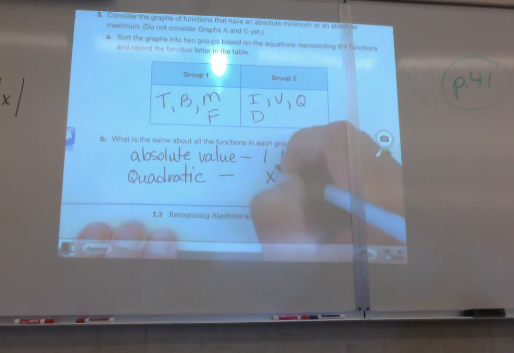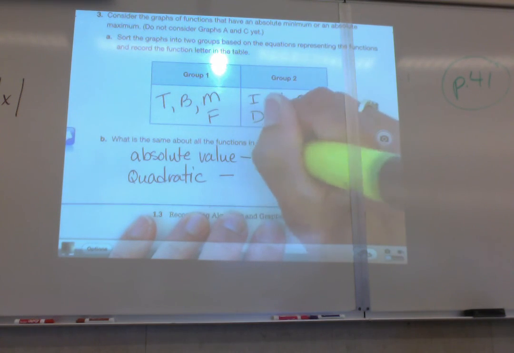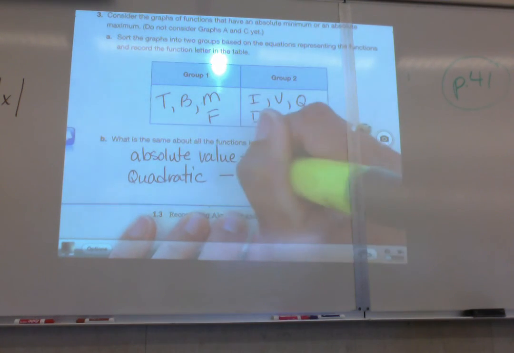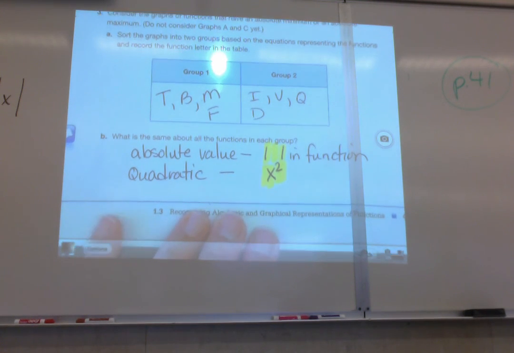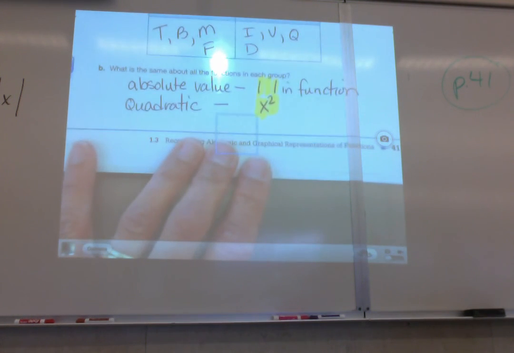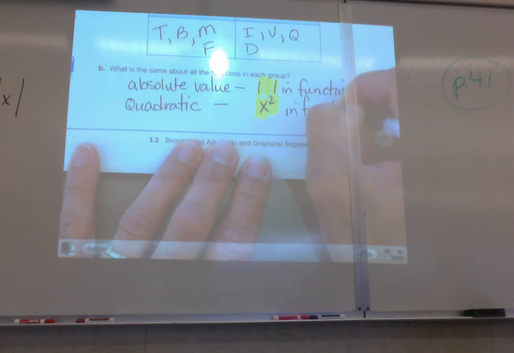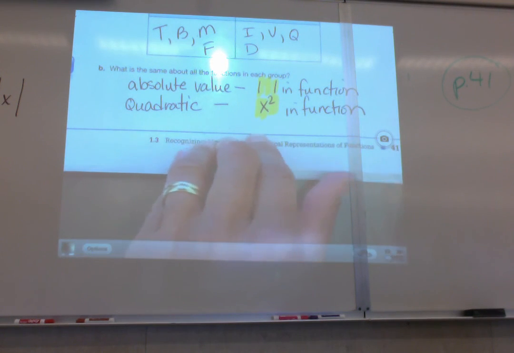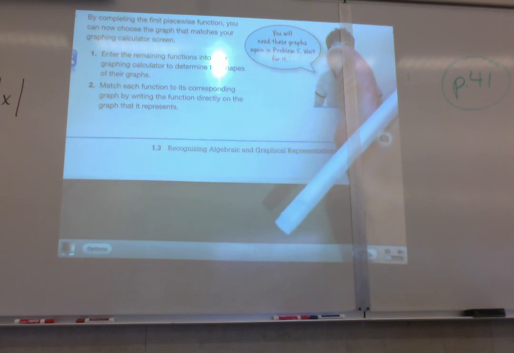An x squared. So the piece that was the same in this group is the absolute value. The piece that was the same in the other group is the x squared. In function. Ah, that's awesome.